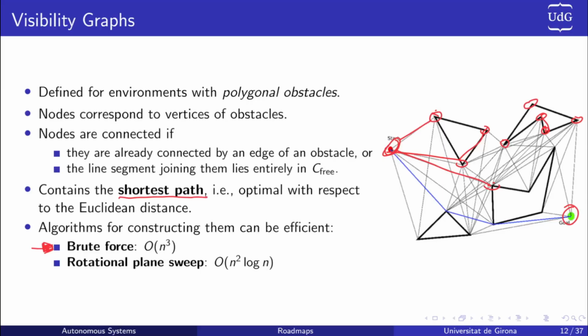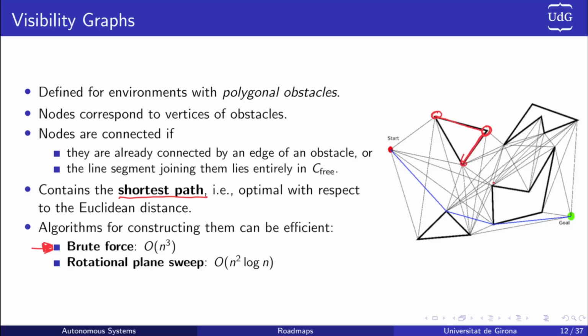If I'm in this vertex here and I want to connect it with this vertex here, then I will add this edge. The edges of the polygons will be inside the list of available edges, at least connecting neighbor vertices, because from one vertex to its neighbors, the edge is always valid for us.